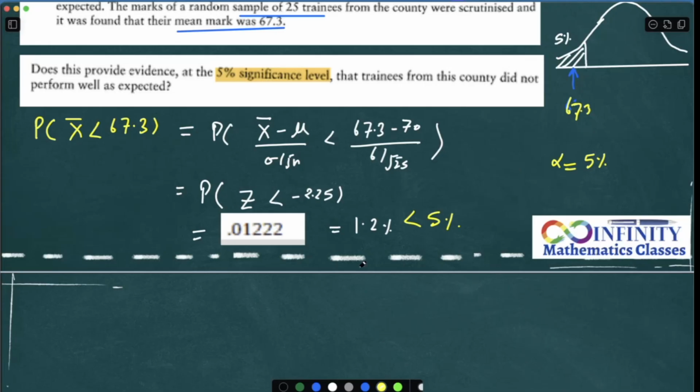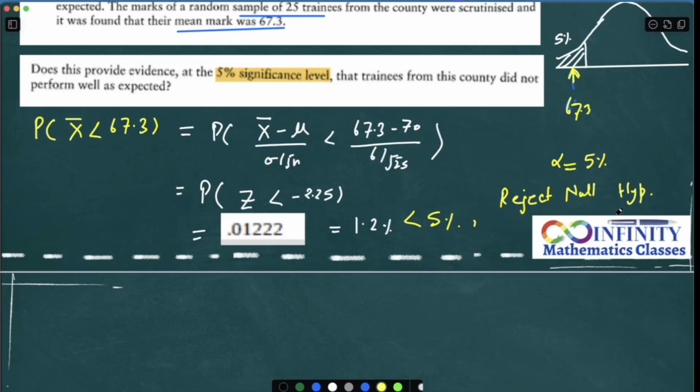Yes. That means if you mark X bar less than 67.3, the value will lie in the region of rejection. So our value lies in the area of rejection, and we need to reject the null hypothesis.